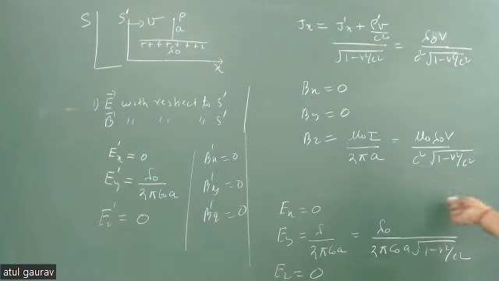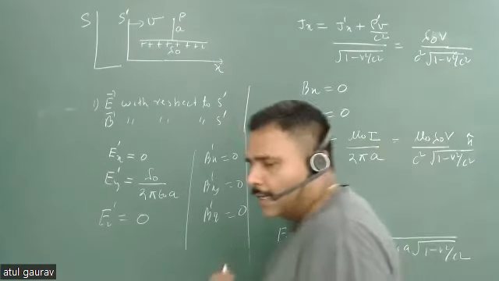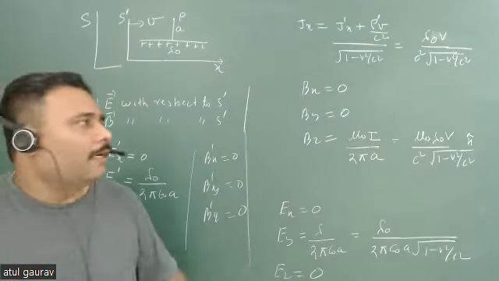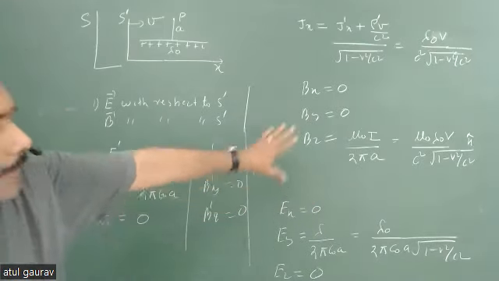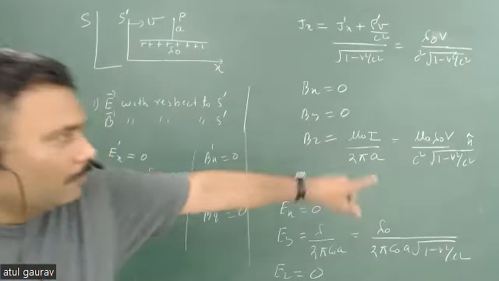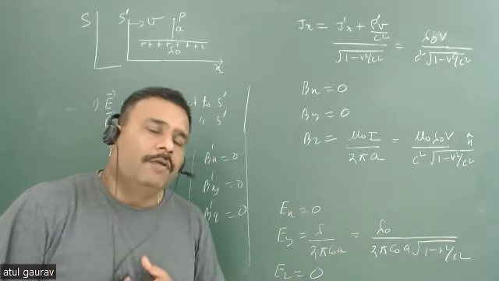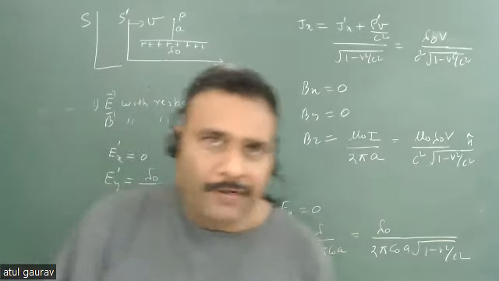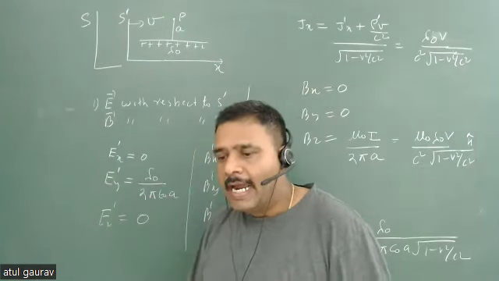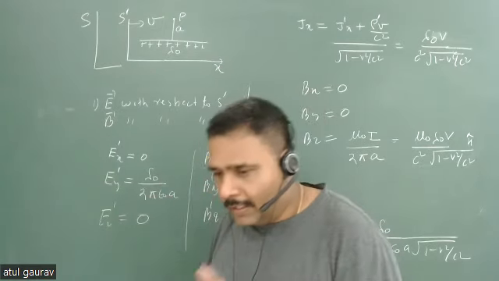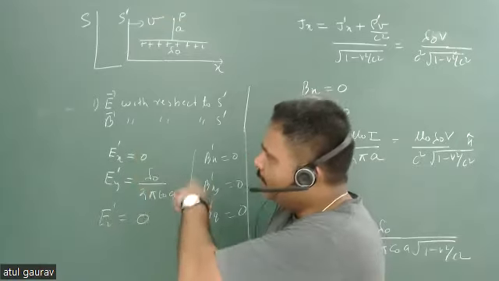So this is basically your magnetic field, and that will be in the k direction. Now we are just using our first principle and we get this answer. Note down this answer, and now we will use the symmetry of electric field and magnetic field, and then we will try to figure out the same answer.